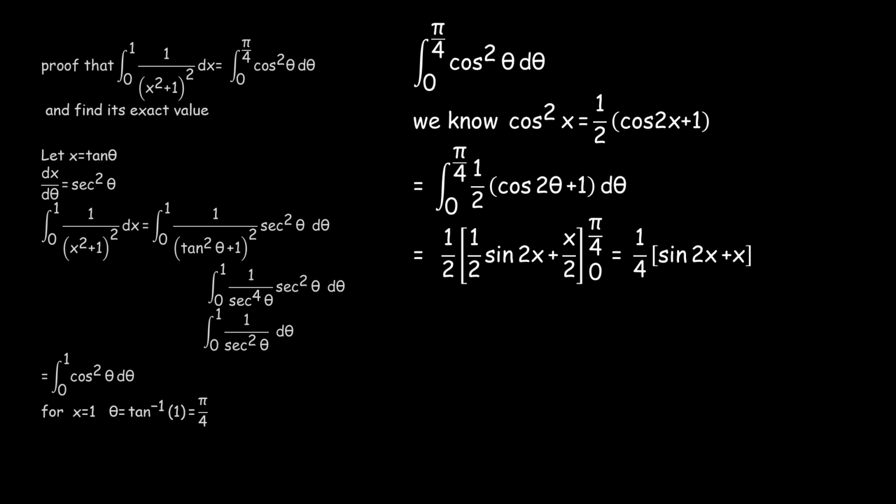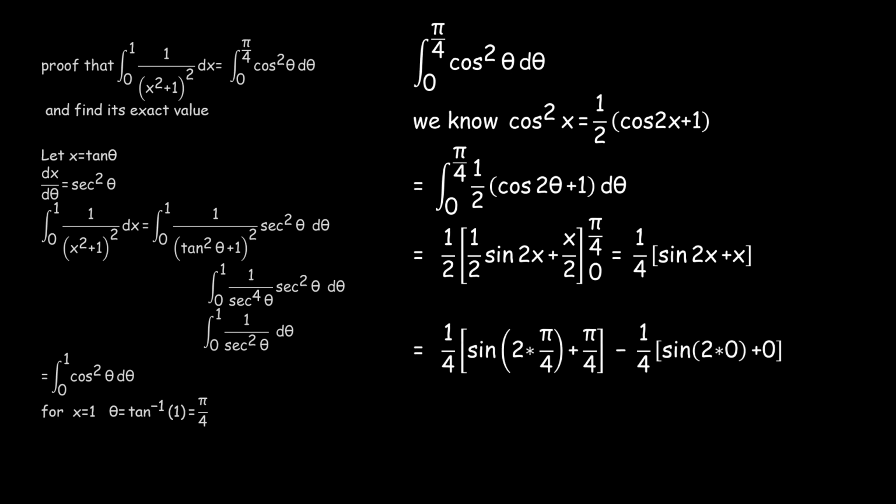And now we can replace our limits in our result. So this would be 1/4 sine 2 times pi over 4 plus pi over 4, and then we replace the 0 as well, and then we would have our final answer, which is 1/4 times 1 plus pi over 4.